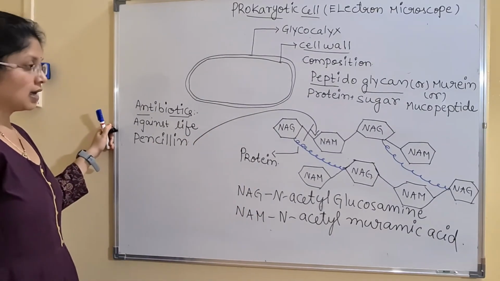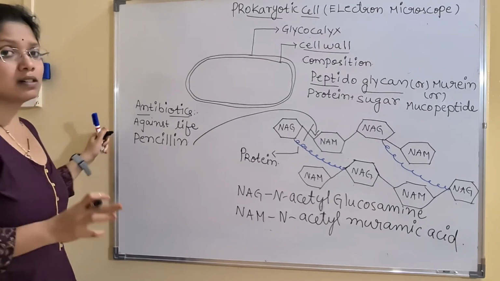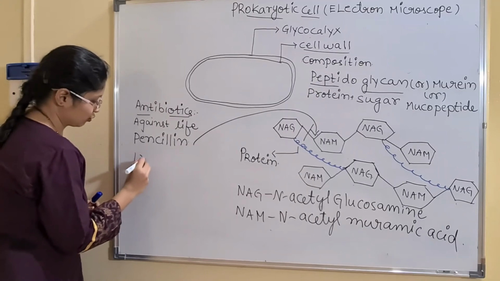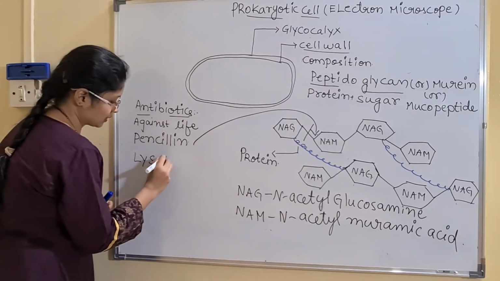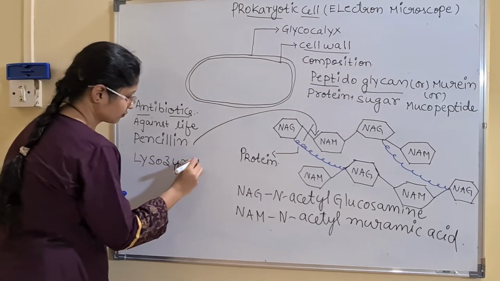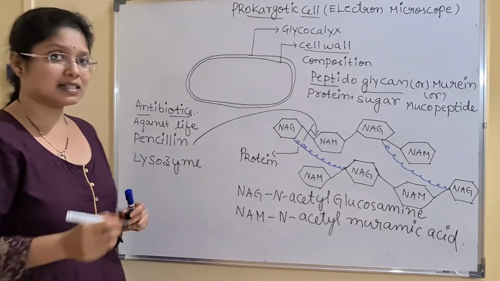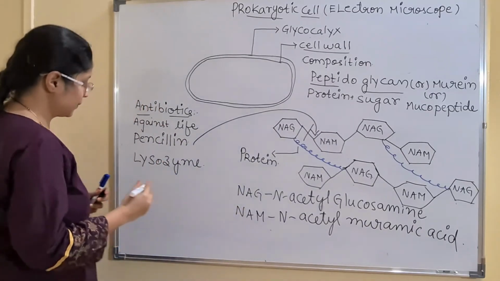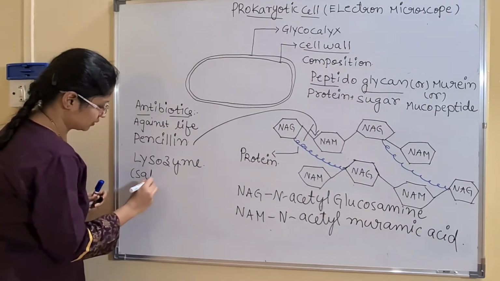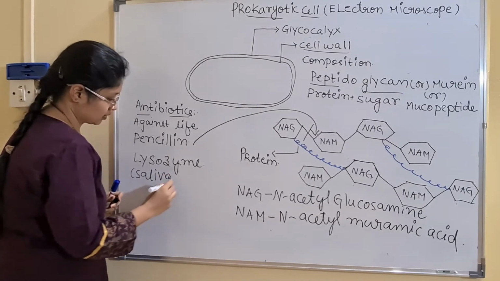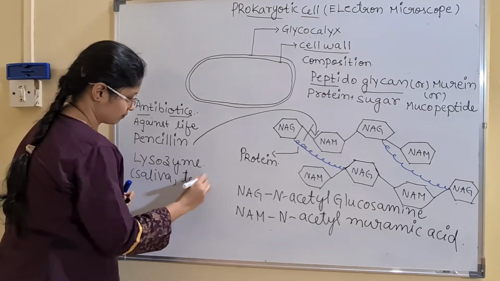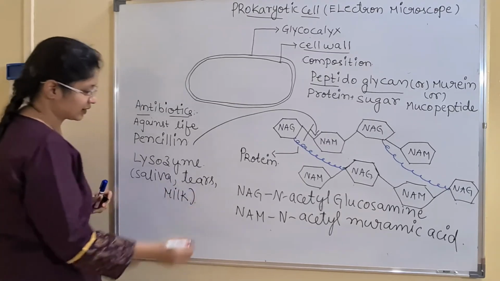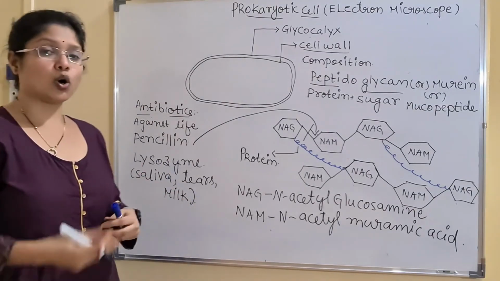And there is another natural antimicrobial enzyme which is known as lysozyme. This antimicrobial enzyme is present in the bodily secretions in the human body, like saliva, tears and milk. So in all these body secretions we have the enzyme called lysozyme.